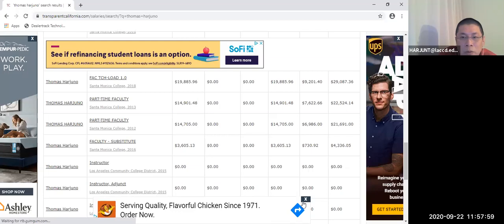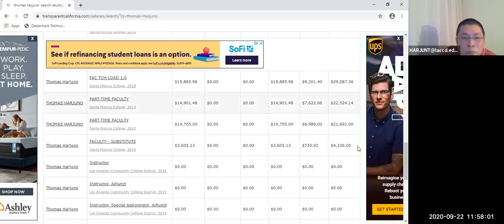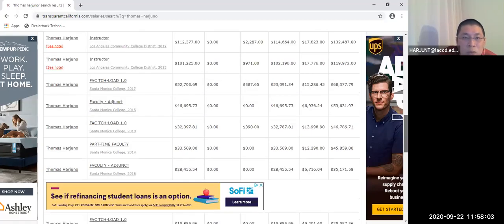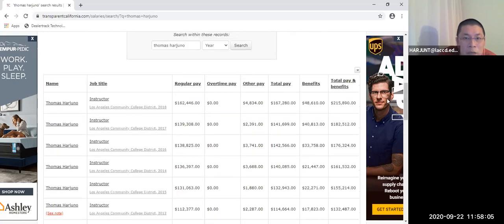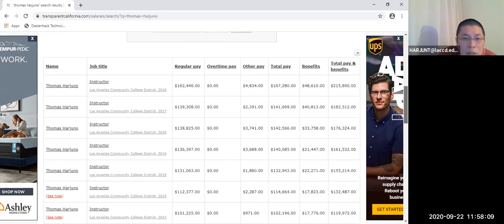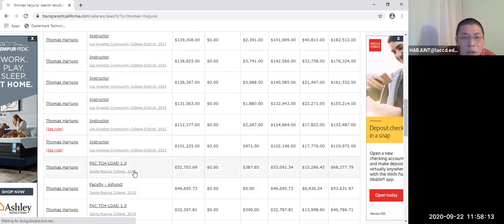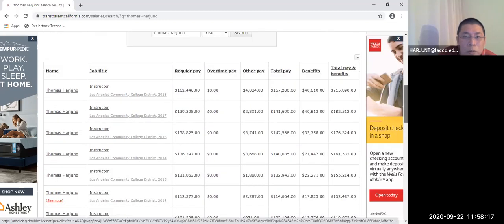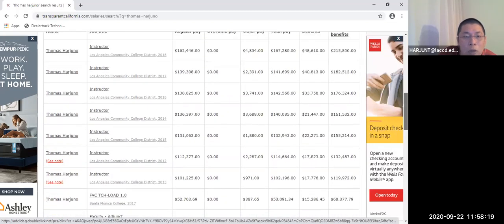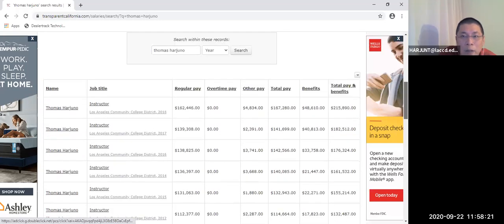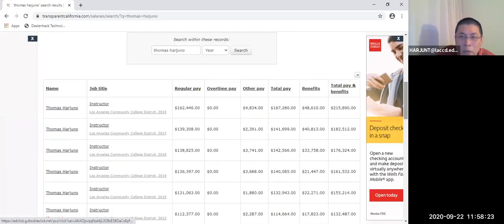The notation is not correct. Let's say, for example, 2007, that's at LACCD, and then 2007 at Santa Monica. So close to 200,000. If I include the benefit and other pay, then it would be 200,000.